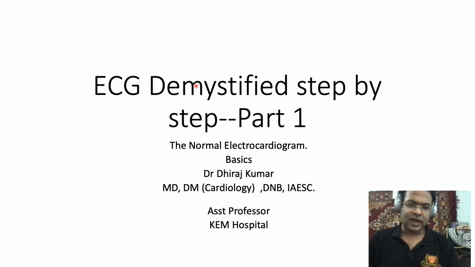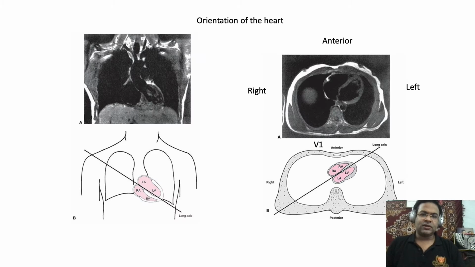Okay, so we next move on to the anatomy as is seen in the CT scan. Now, if you look at CT images, this is a short axis or cut section of the chest. CT images are always as if they are looking from the ground or from the feet.